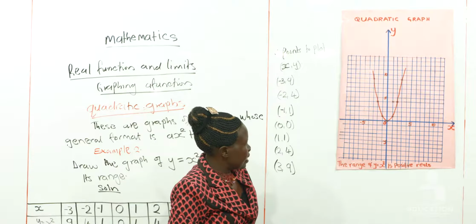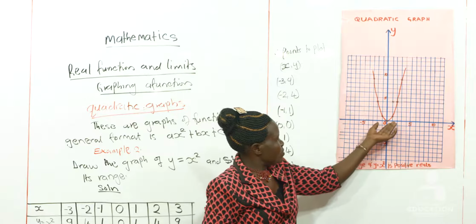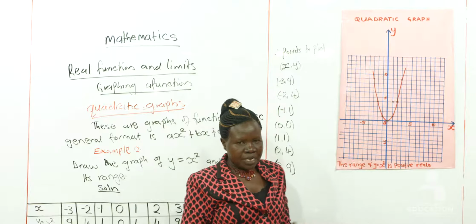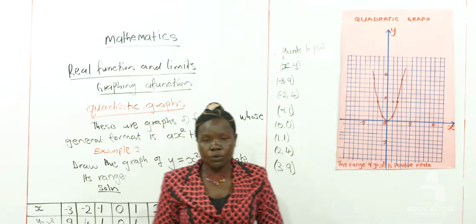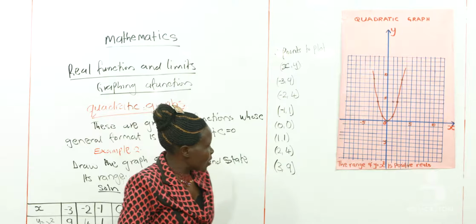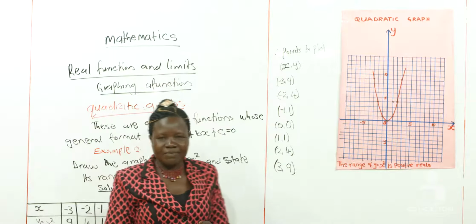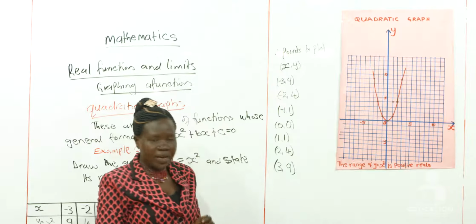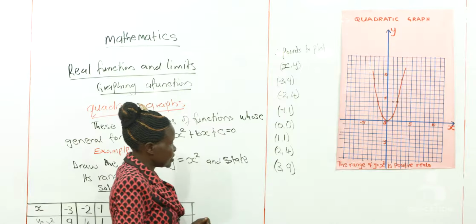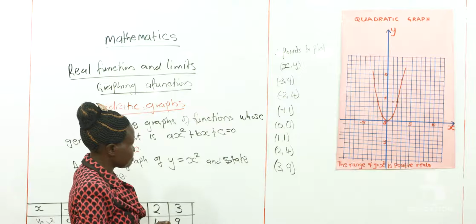So, dear learners, after you have known how to plot, then you can now be able to tell what range is the value x square. What range is the value x square?